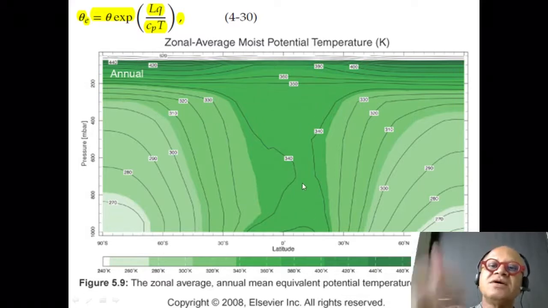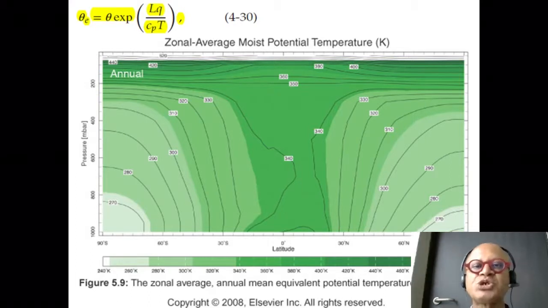We said moist processes and convection almost mix up the entire lower atmosphere, up to about 200 hectopascal. This is in millibars or hectopascal.